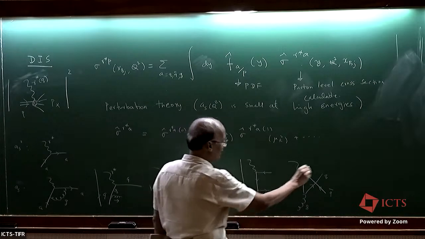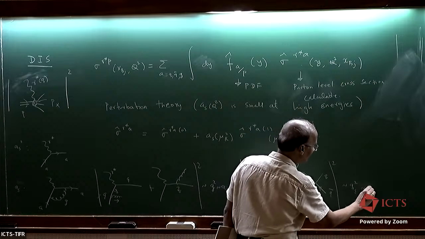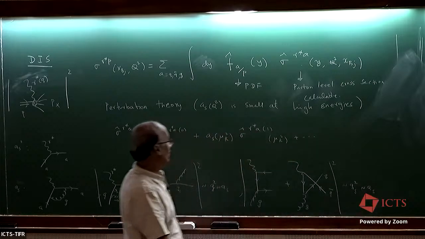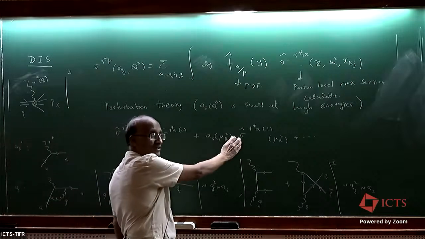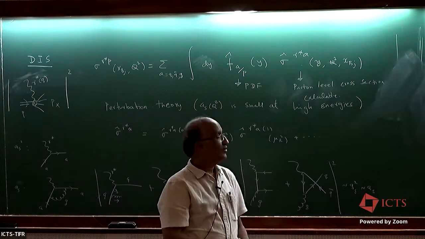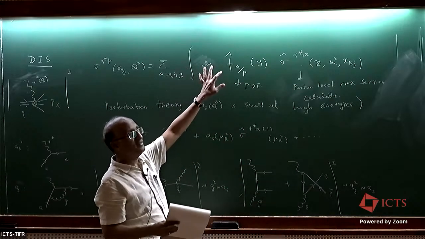Again, when you square this diagram, this will be proportional to g_s squared, which I call alpha_s. So you can have a bunch of Feynman diagrams at every order in perturbation theory that are going to contribute to this process.